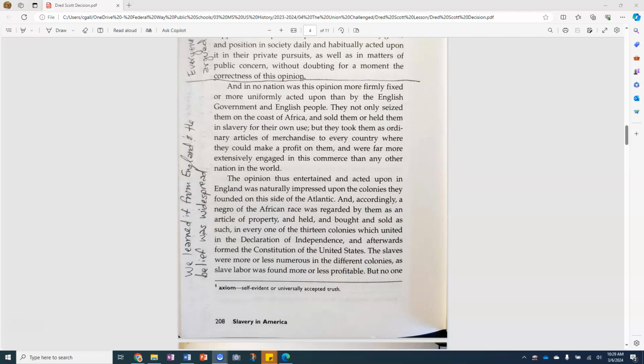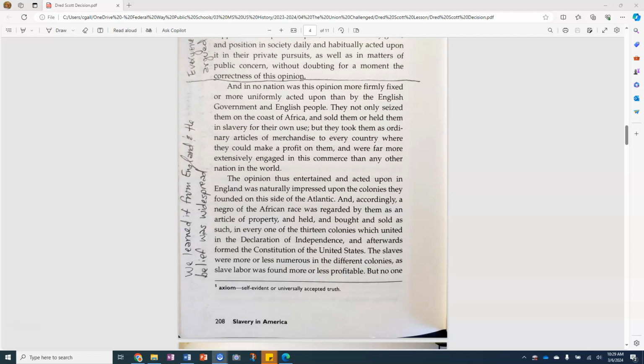And in no nation was this opinion more firmly fixed or more uniformly acted upon than by the English government and the English people. They not only seized them on the coast of Africa and sold them or held them in slavery for their own use, but they took them as ordinary articles of merchandise to every country where they could make a profit on them, and were far more extensively engaged in this commerce than any other nation in the world.